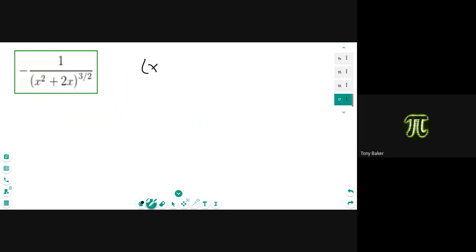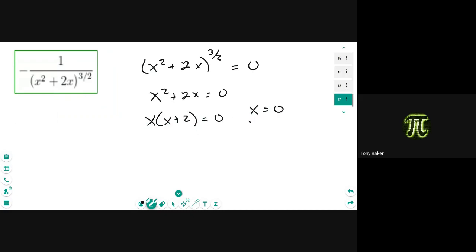So we're looking for where the bottom equals 0, because that's where it's not going to exist. So mine, I got 0 and negative 2. And then mine was 0 and negative 5.